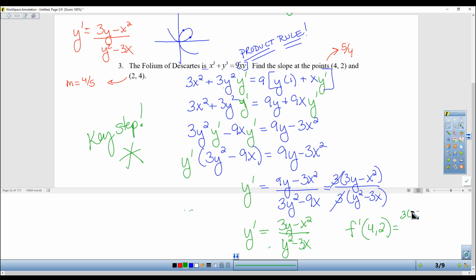So 3 times 2 minus 4 squared over 2 squared minus 3 times 4. So what is that? 6 minus 16 is negative 10 over 4 minus 12 is negative 8. So 5/4, which was the answer.